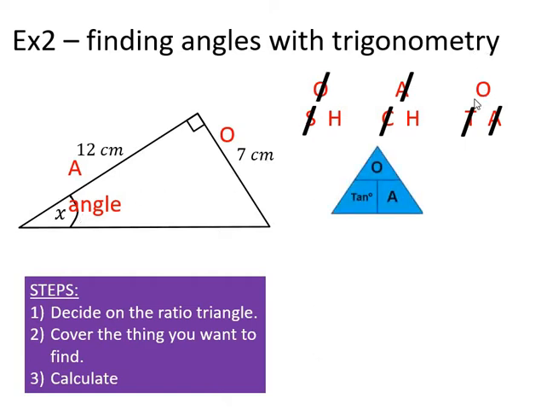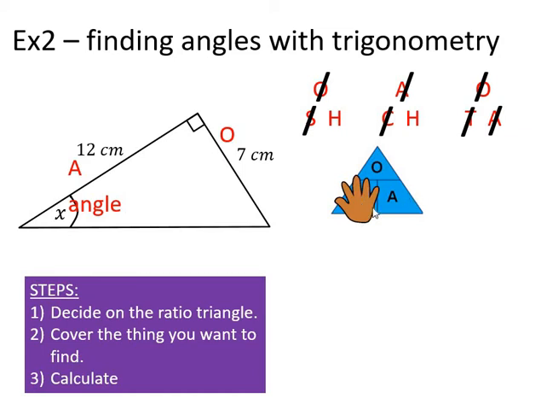So I will be using the tangent ratio, because I've got my tan, I want my angle, I've got my opposite and my adjacent. And then I'm going to be covering up tan because I want to find the angle. Remember, you cover up the thing you want to find.